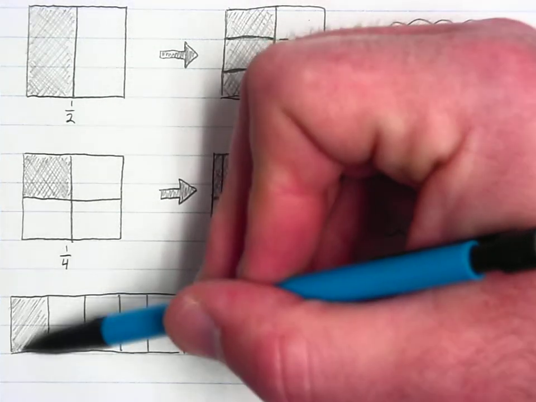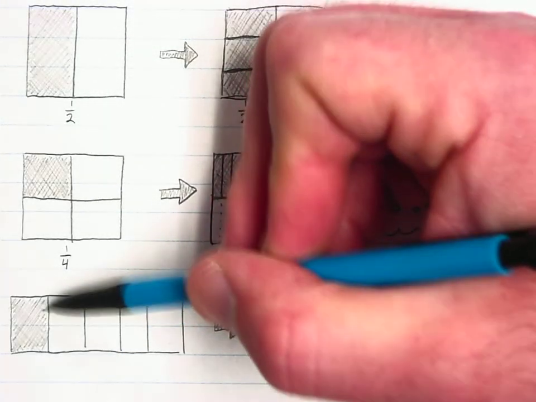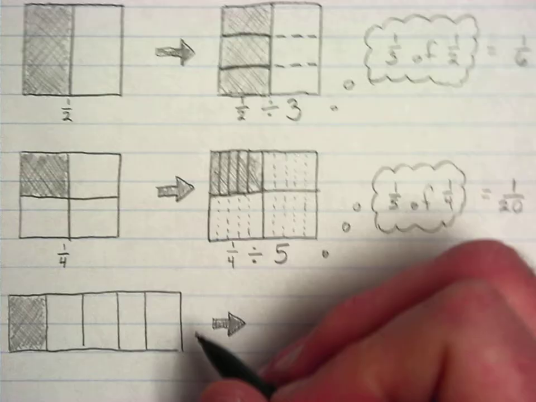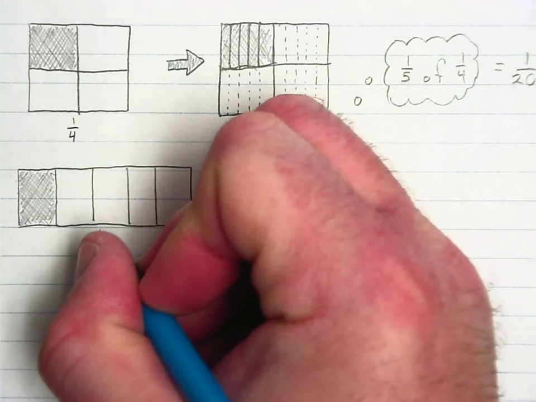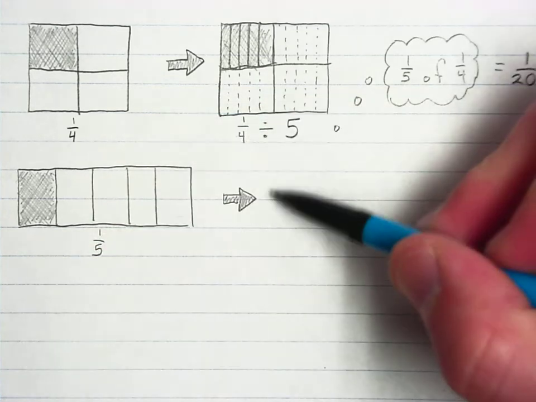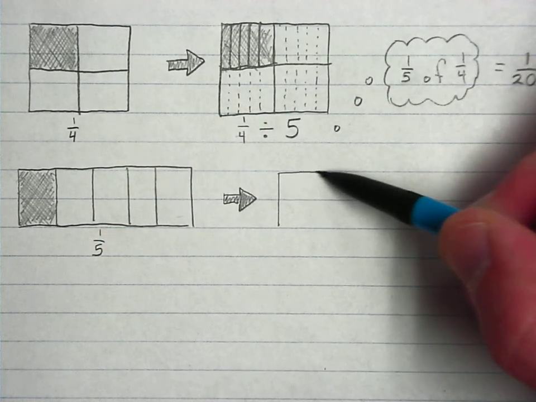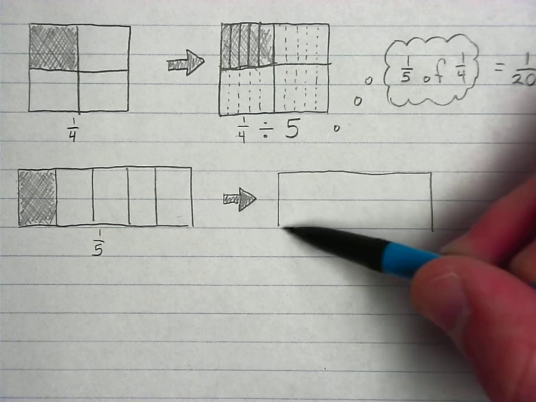You can almost picture that as what I was doing up here. Let me slide this up a little bit. 1/5. Now I'm going to take this 1/5 and I am going to divide it by a whole number.